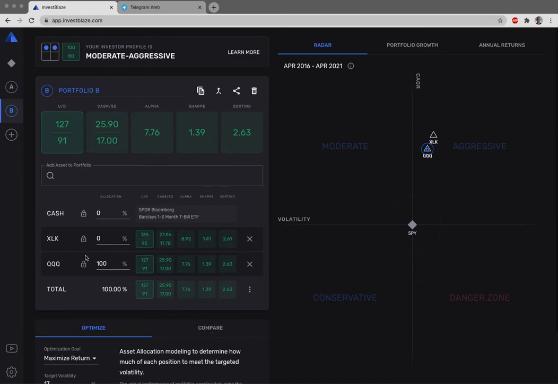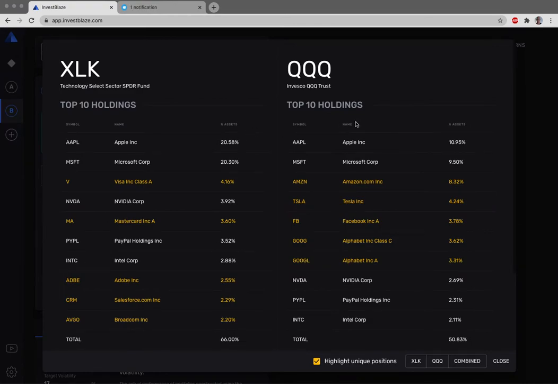The other thing you can do, and in this case, I would hold the shift key and click on both of these, and it brings them both up at the same time. And as you can see, down here there's a box where you can say highlight unique positions, which I always leave on. It can be off and you look at them, but if you click it, it then shows you which ones are unique, meaning where there is no overlap.